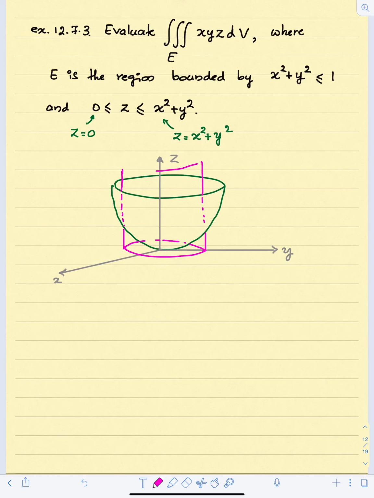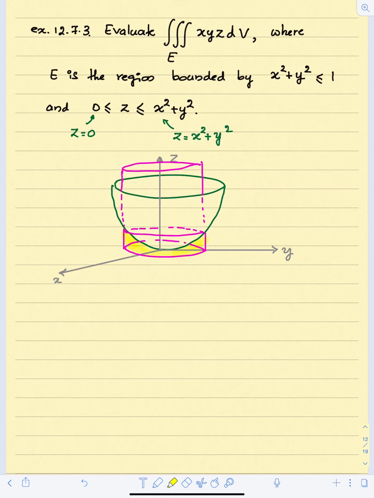Now your domain E should be this part. That's the region in between these two surfaces, the cylinder, paraboloid, and the plane z equals 0.